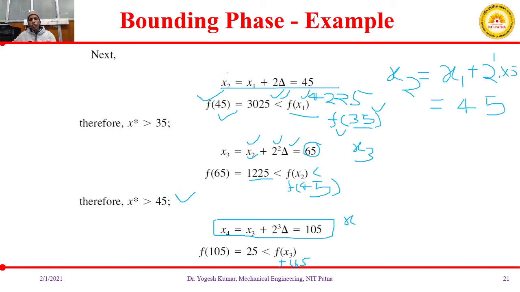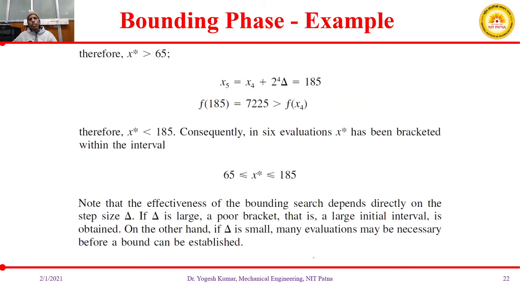So we can conclude by this step again that the optimum value of x star will be greater than 65.